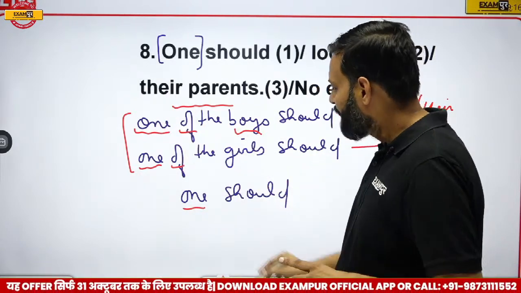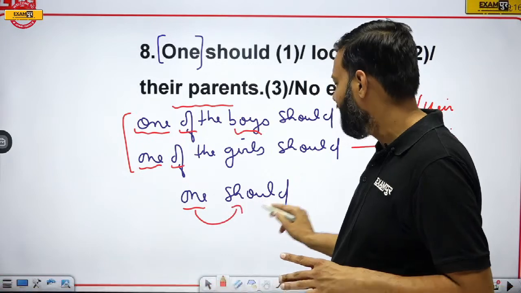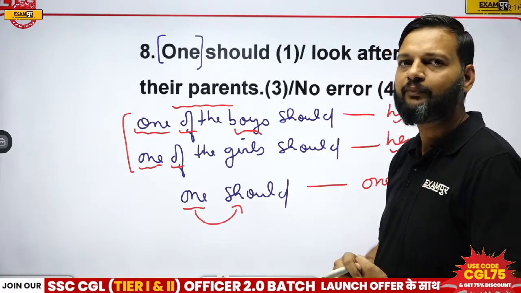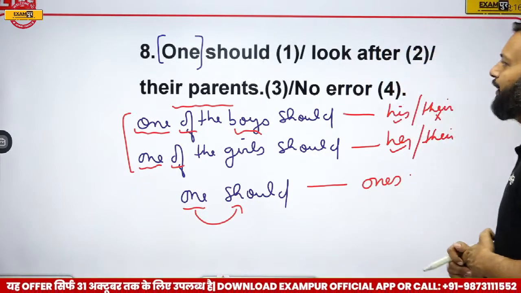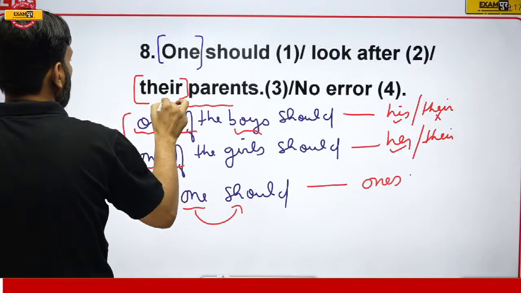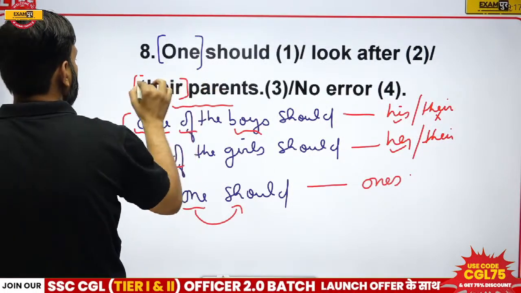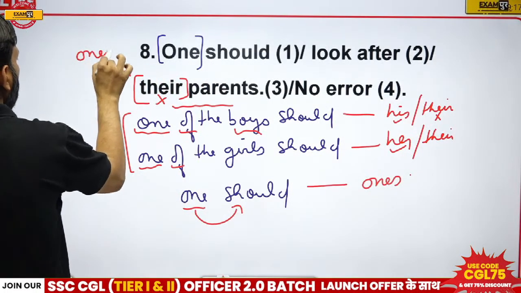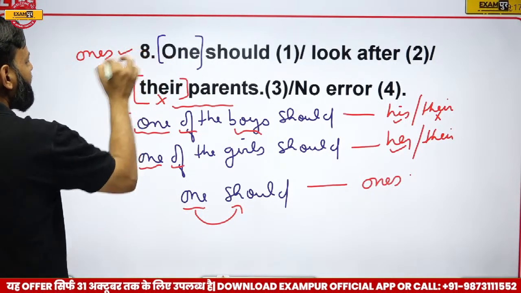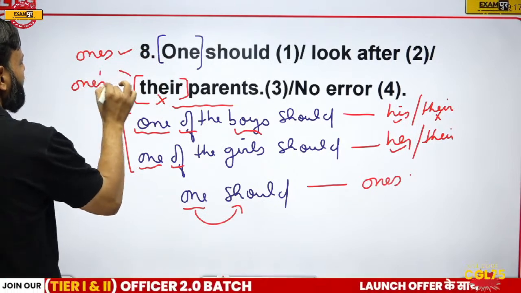But when one is directly followed by should, its possessive should be one's. So in this sentence, their will be replaced by one's. And always remember, possessive of one is one's, not this one.